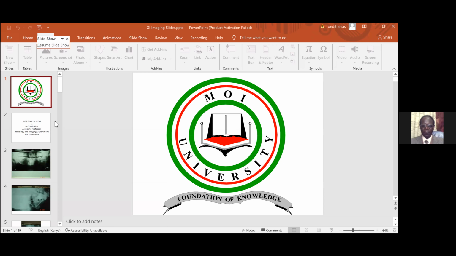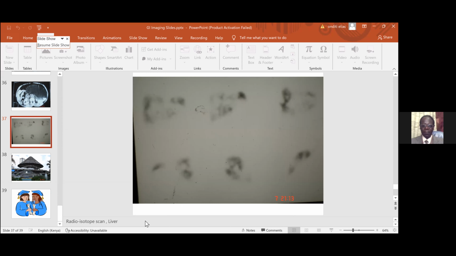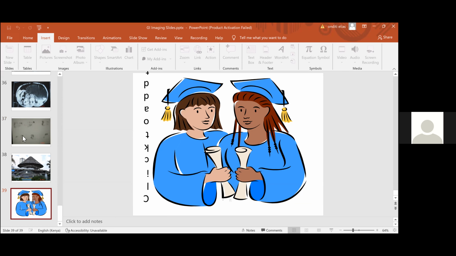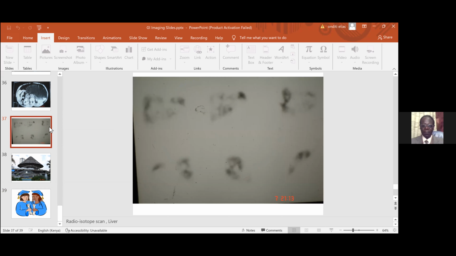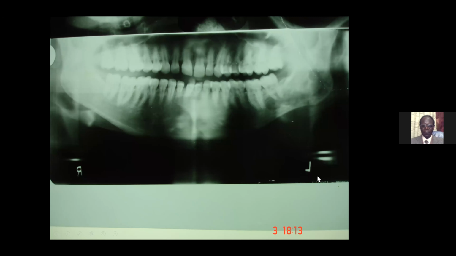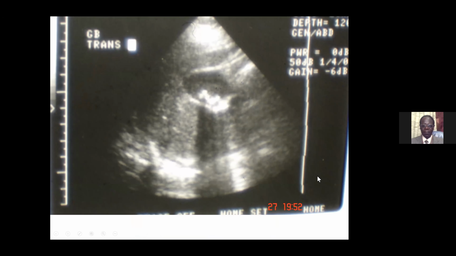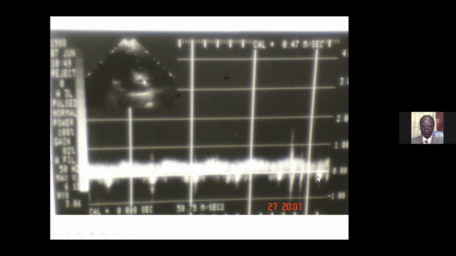Okay, so the last image, yes, that one. We use a gamma camera to take that image, and the gamma camera is similar to what you see in theater.